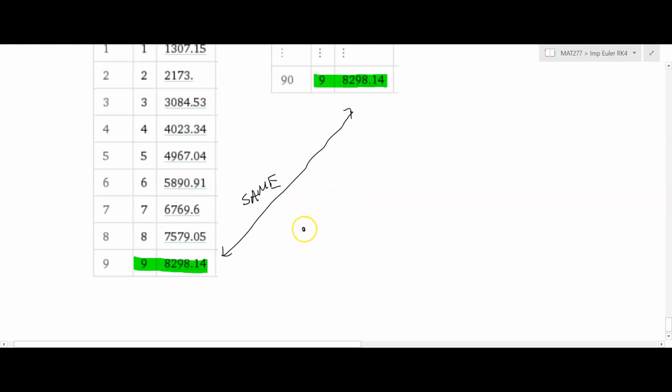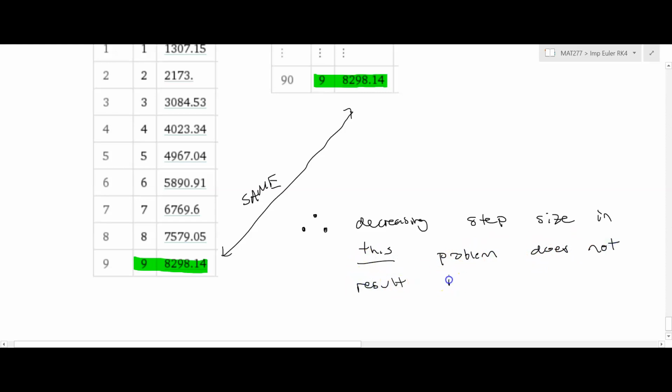That means, therefore, increasing or decreasing step size in this problem does not result in a different output, a different number of salmon at t equals 9.